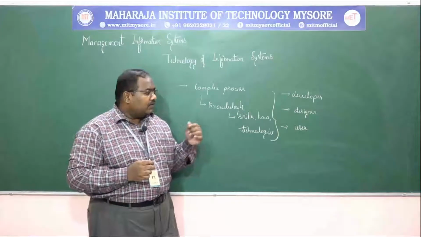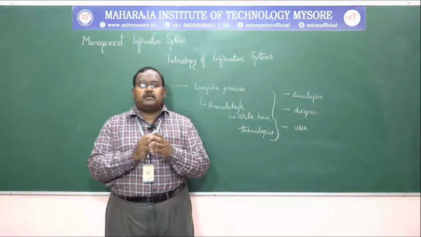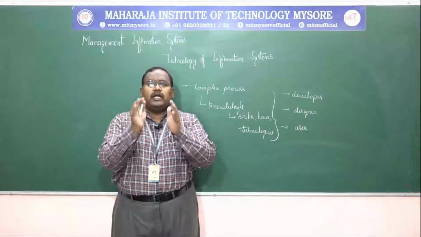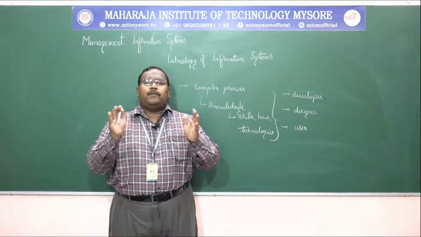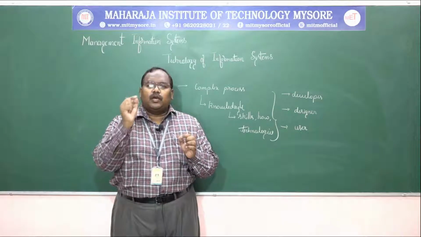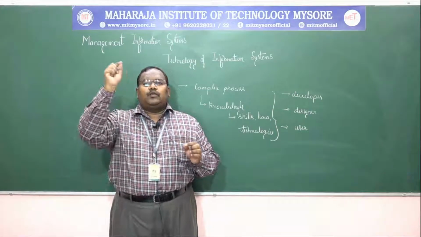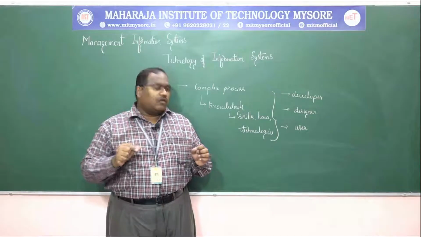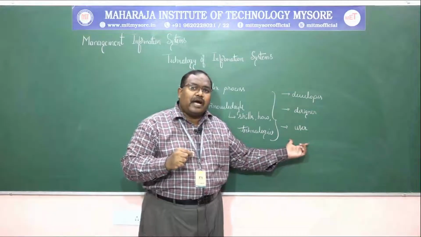Why? Because when we talk about an information system, this system should provide a complete knowledge or complete information of an organization, including the lower level information and the utmost prioritized top level information. So the user should be aware.